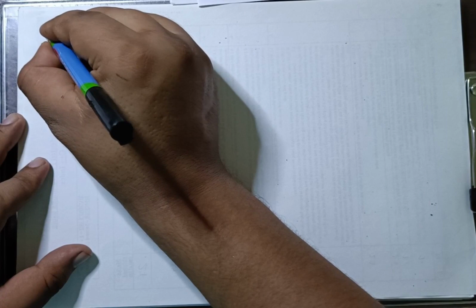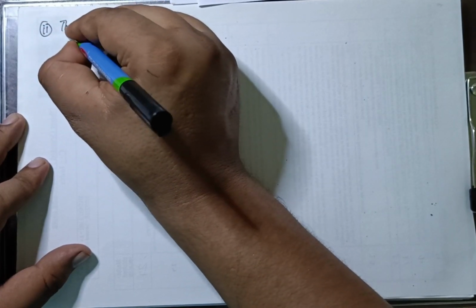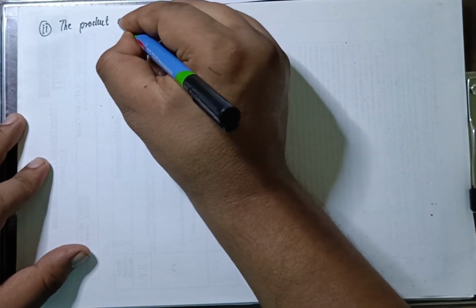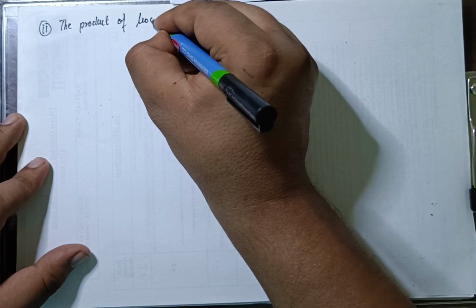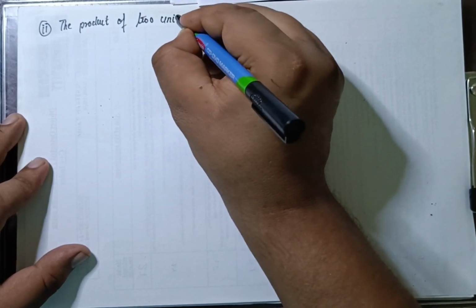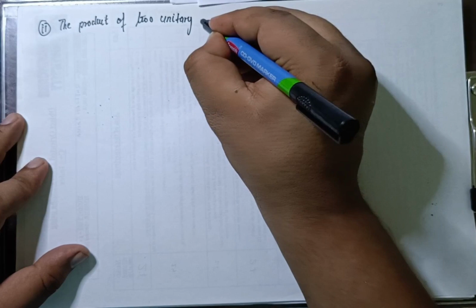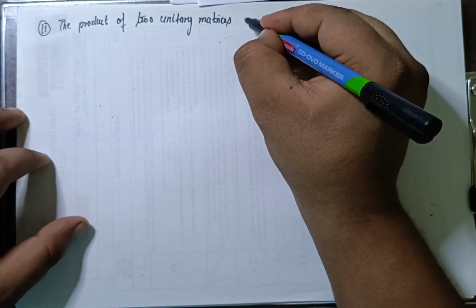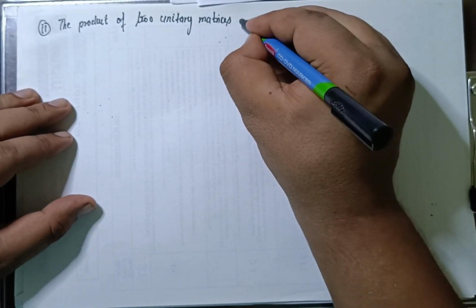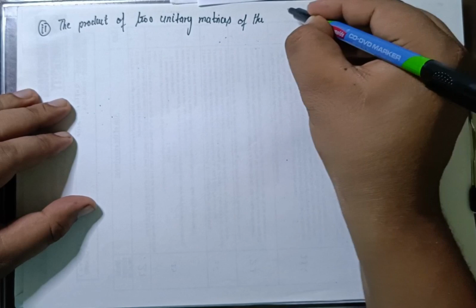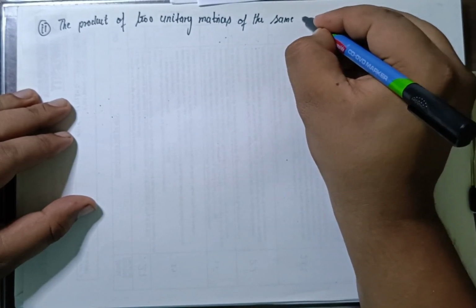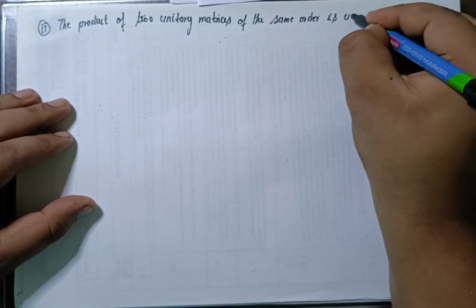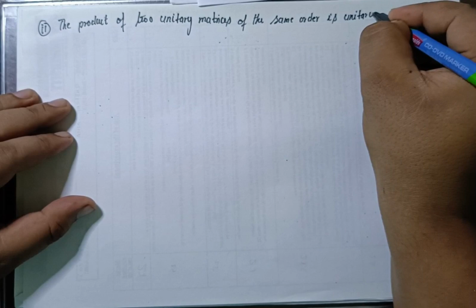Second property: the product of two unitary matrices of the same order is unitary, right?